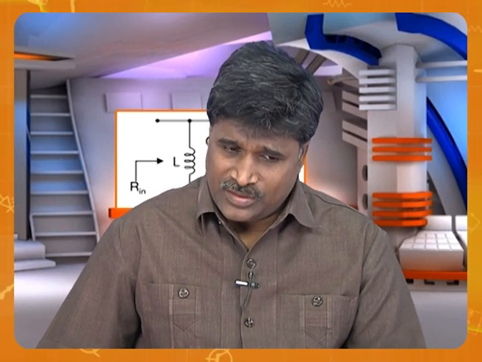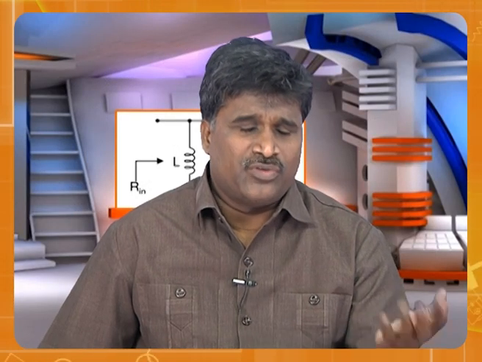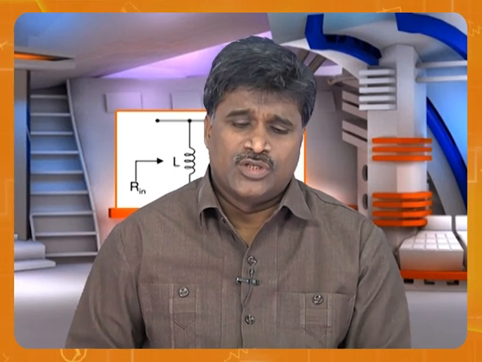What is the final value? For t equal to infinity, what happens to inductor? Please observe. Look at here. At t equal to infinity means this inductor is connected to the voltage for a long time. If an inductor is connected to voltage a long time, that means it has charged to full current. Full current means short circuit.